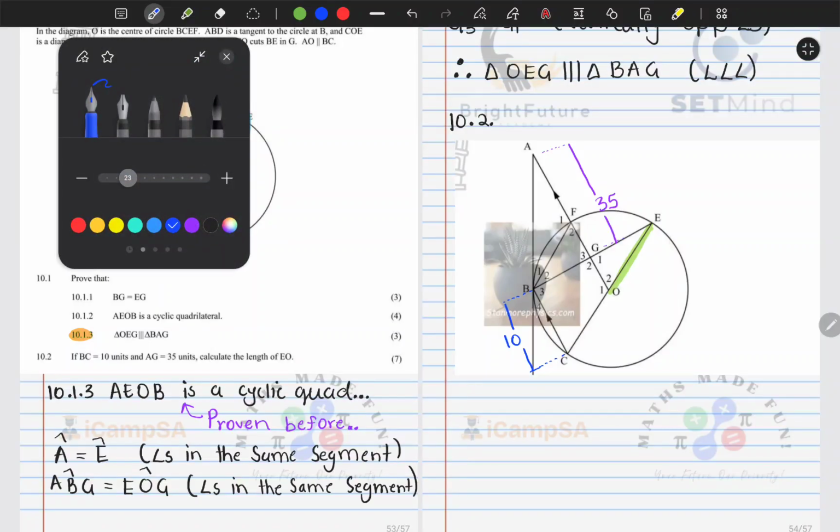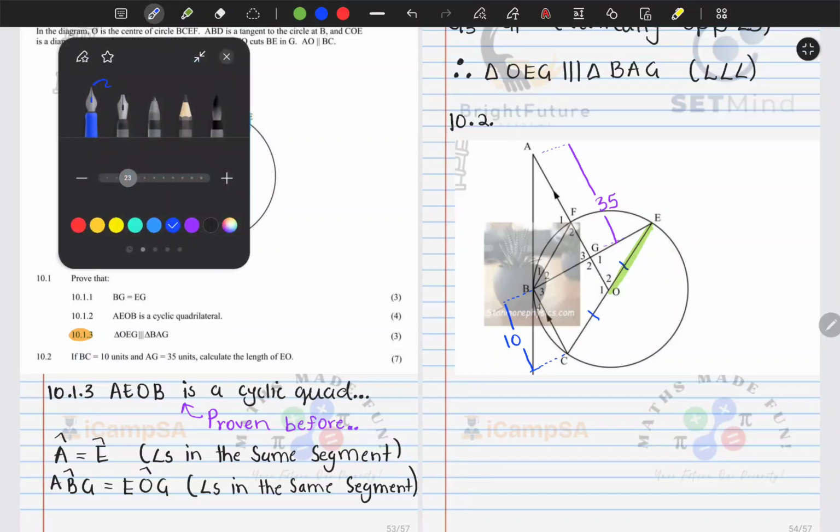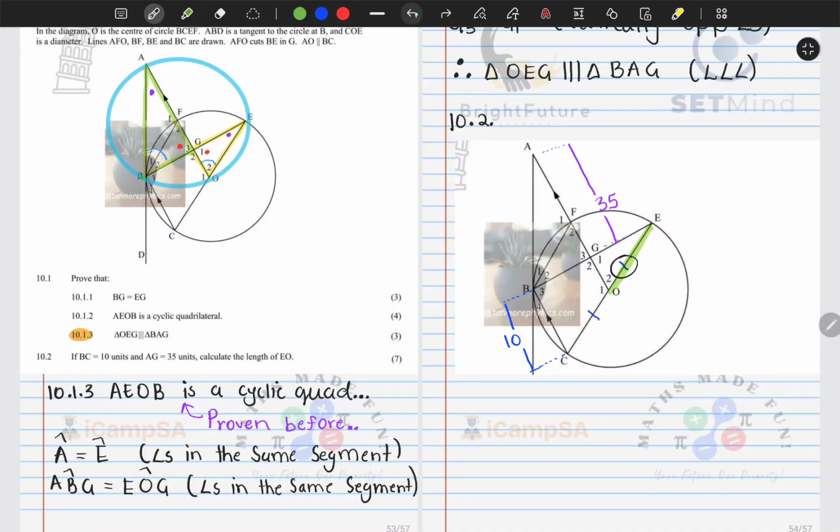If you do remember, here what we have is the radius. And according to our midpoint theorem, and this is very important, once you have two equal sides here, we can use the midpoint theorem. What does it say? It says that our OG will always be half of our BC. So our GO will be half of our BC, because of our midpoint theorem.